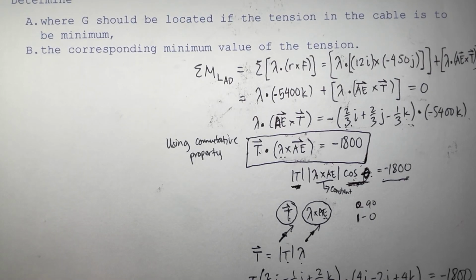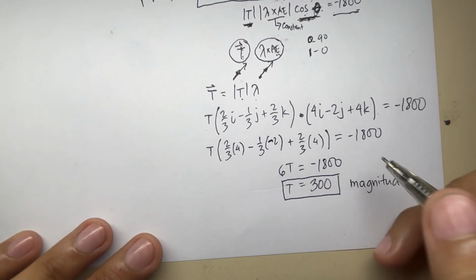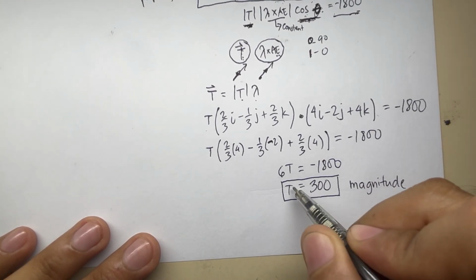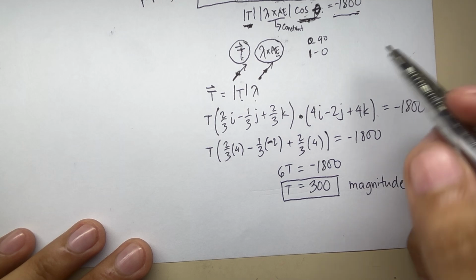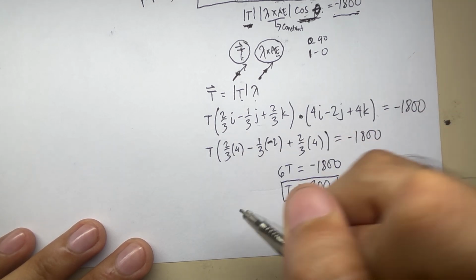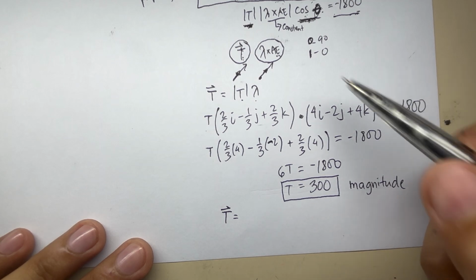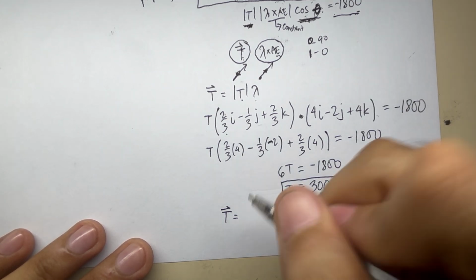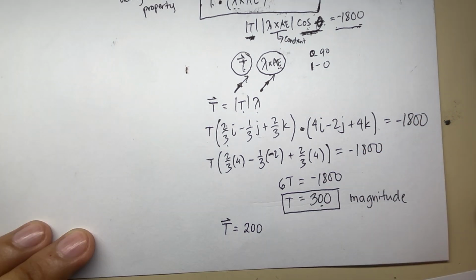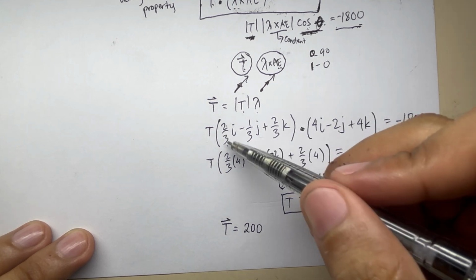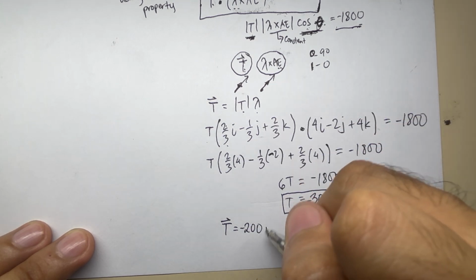For the location of our point G, here we have only the magnitude. So in order to get the vector form of this tension, we simply multiply this magnitude by its unit vector. And the unit vector is this one. So we have our vector t, that is equal to 2/3 times negative 300, we have negative 200i.